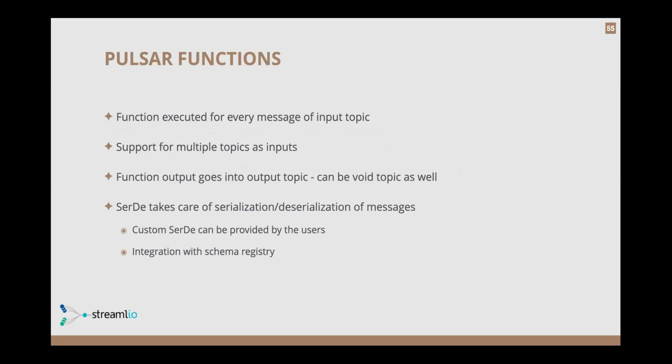I didn't mention that earlier, but all this wiring up, trying to create a consumer or producer and create the subscription, all that sort of stuff is handled for you automatically under the cover. Even that code is handled for you. And whatever you return from that function automatically gets published to the output topic. You can also do void. You can just simply process the function.